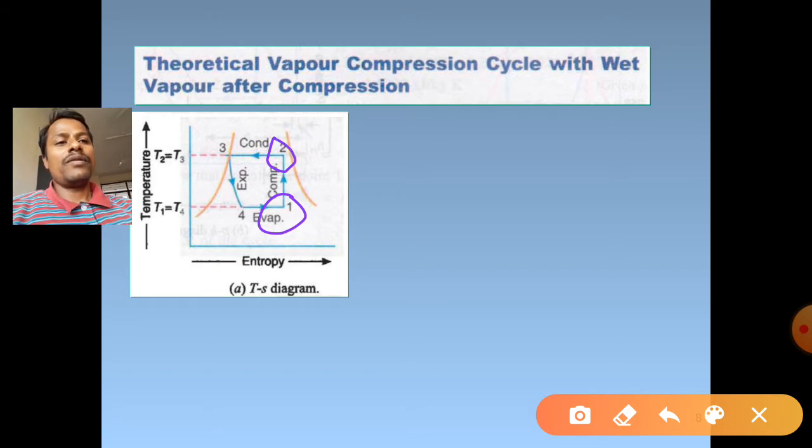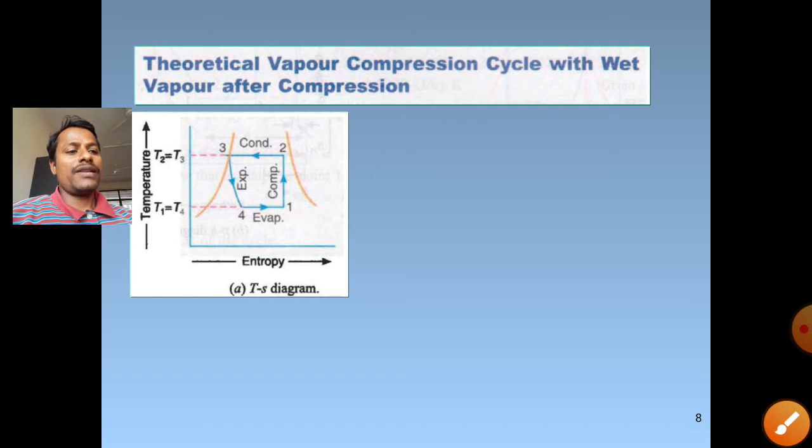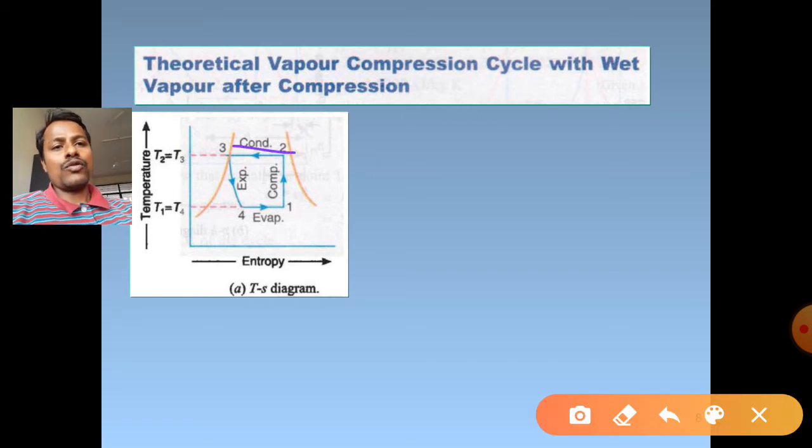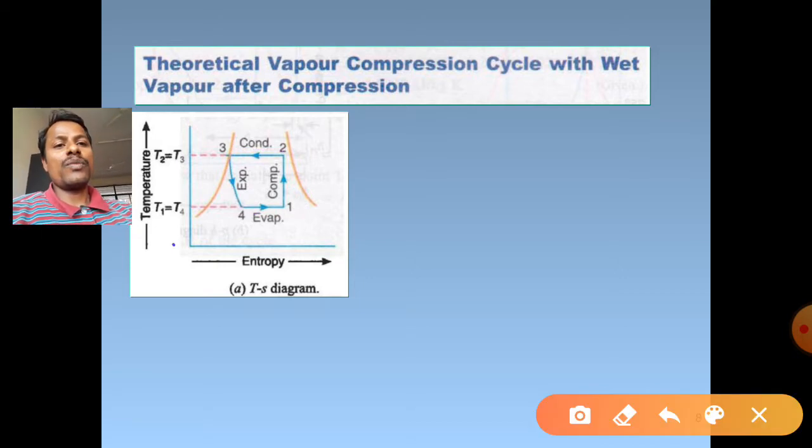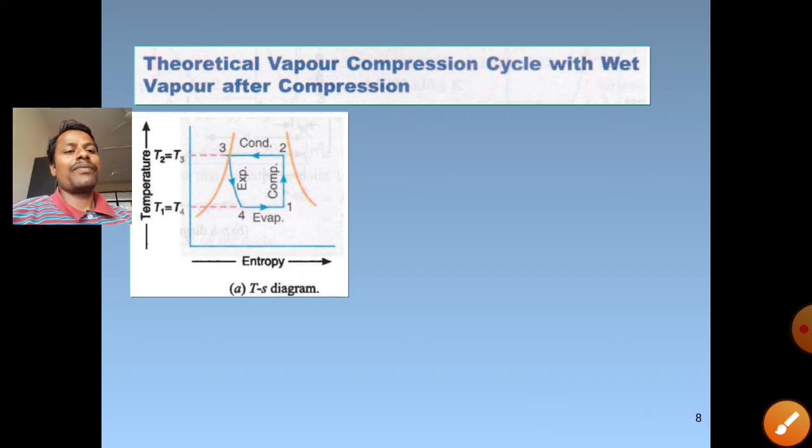We are discussing a cycle wherein the outlet of the compressor is wet vapor. Hence 2 to 3 is condensation, 3 to 4 is expansion, again 4 to 1 is evaporation. This is the temperature entropy diagram for the given title.